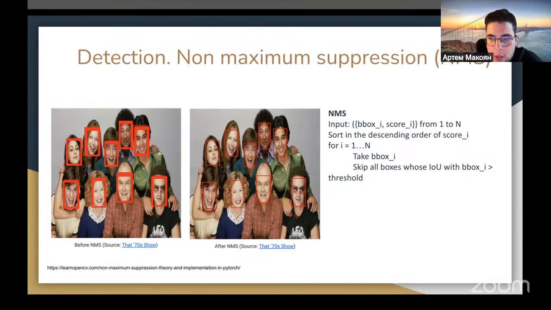So let's sort them in descending order according to their scores and do the next process: take a bounding box and drop all bounding boxes that are close enough to it in terms of intersection over union. Not very hard.